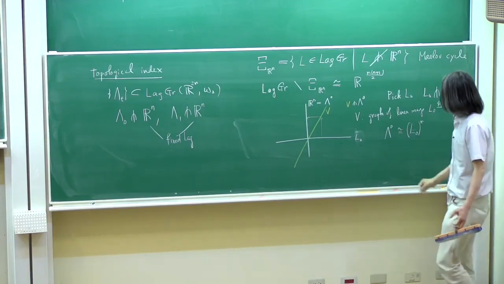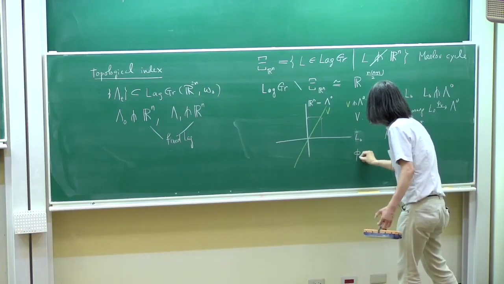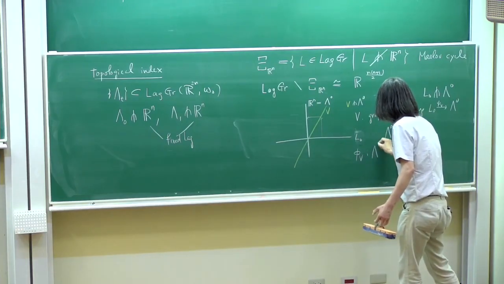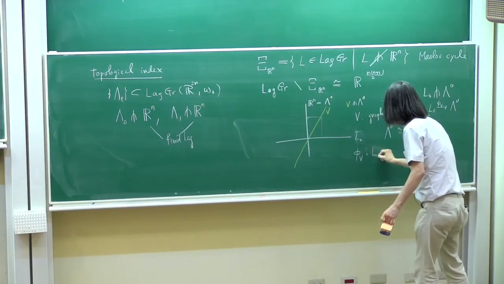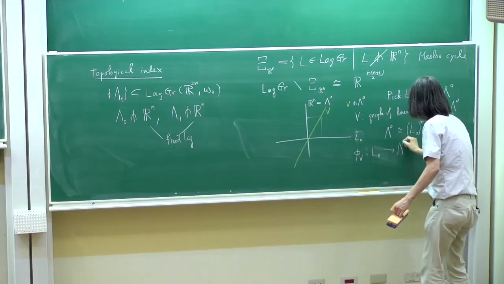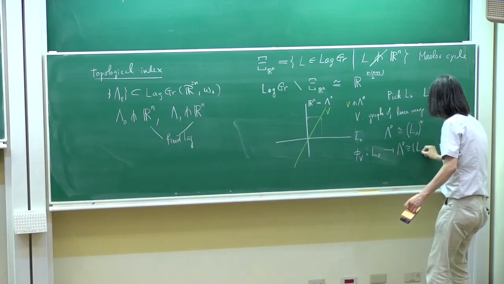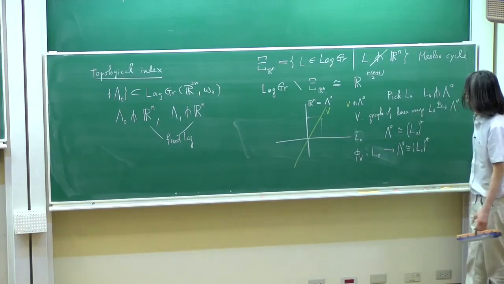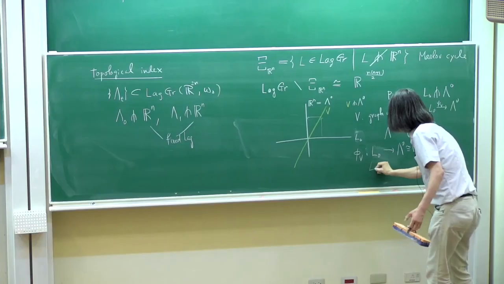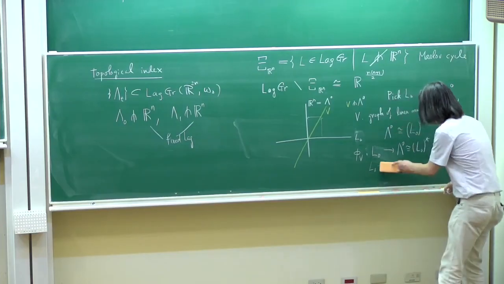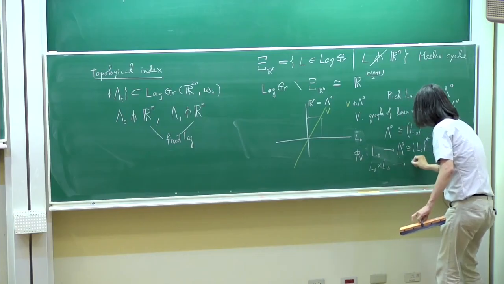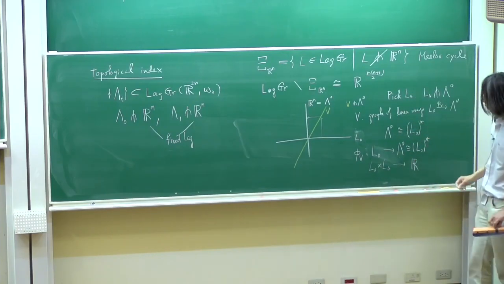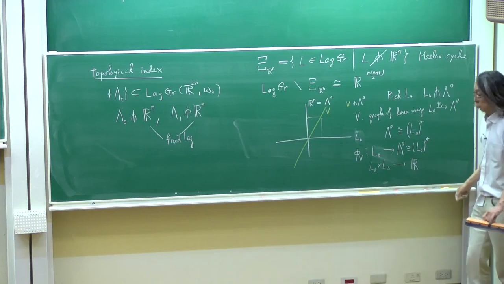So this phi b is a map from L0 to lambda 0, and identifying it with the dual space of L0, you can think of it as just a bilinear form on this L0, right? We can also regard it as a bilinear form here.